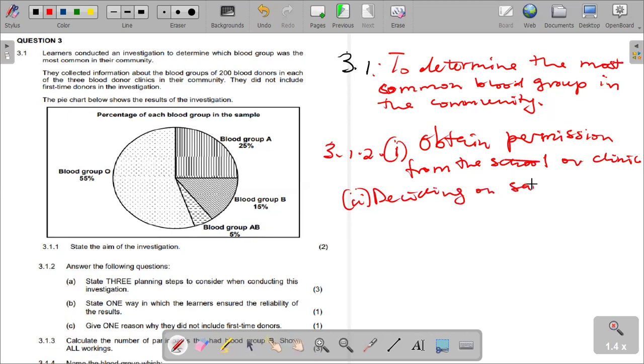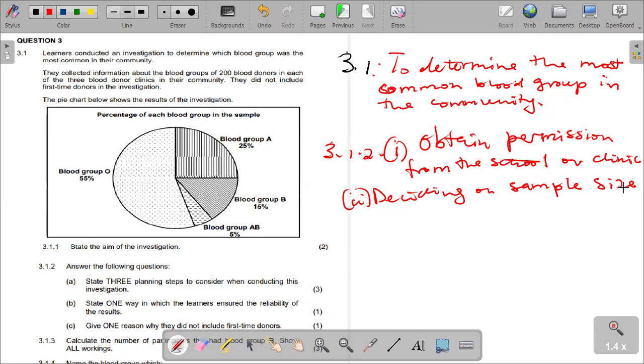The sample size must always be big enough, so therefore the reliability of the results can be found. We don't need to use small sample sizes, because the smaller the sample size, the higher the chances of the results not being correct.